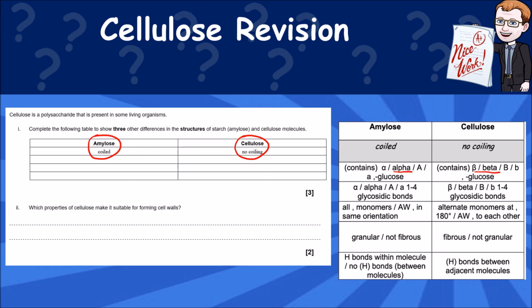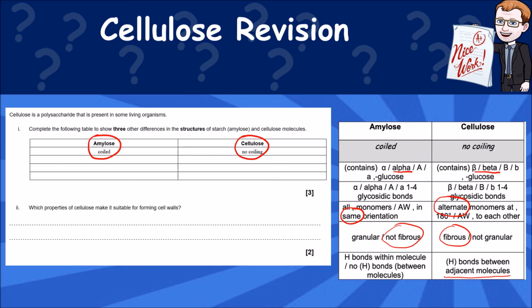Talk about where the glycosidic bonds are. You can talk about the fact that in amylose all of the monomers are in the same direction, whereas in cellulose they alternate. You can talk about the fact that cellulose is fibrous, whereas amylose is non-fibrous. And it's important to talk about cellulose having hydrogen bonds between adjacent molecules.